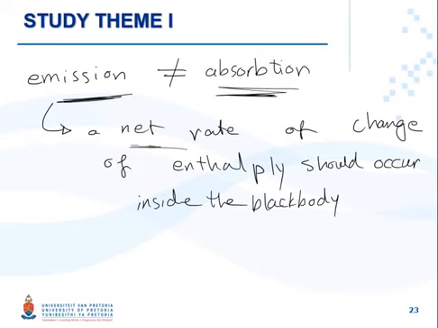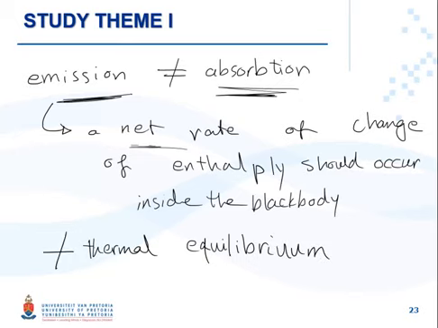And from thermodynamics, you agree with me that when we have a net rate of change of enthalpy, it means that we do not have thermal equilibrium. So we won't have thermal equilibrium, which is against what we said at the beginning.